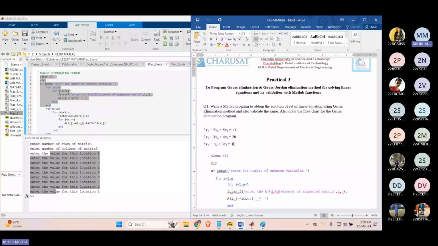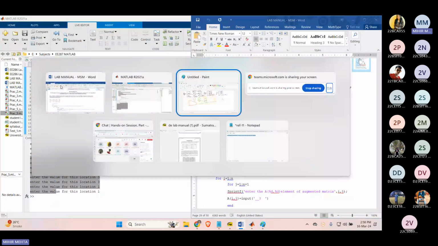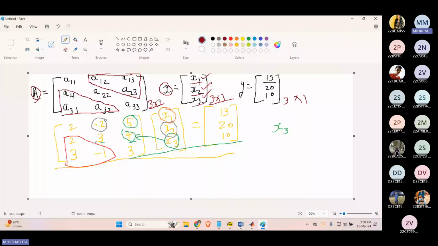This is happening because we are forming an augmented matrix, as someone said. So what is an augmented matrix? An augmented matrix is nothing but a combination of this matrix and this matrix. So here your augmented matrix looks something like this. This would be 2, minus 2, 5. Then this is 2, 3, 4.